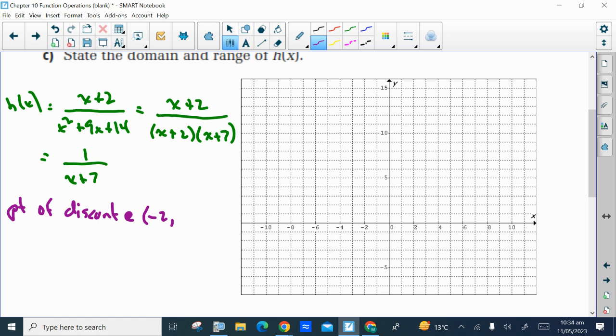And when you're looking at the restrictions, you have to look at the original expression. When you let x equal -2 in the simplified expression, the denominator becomes -2 plus 7, or 5, and that's 1 over 5, so there's your point of discontinuity. We're going to have a vertical asymptote at x equals negative 7 because we still have a denominator of x plus 7.